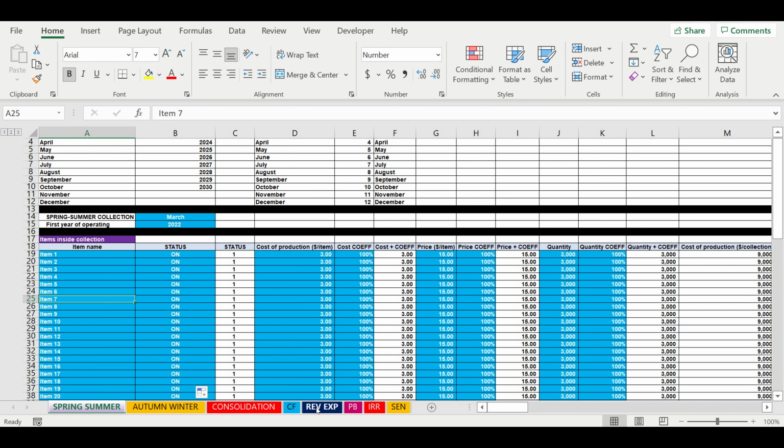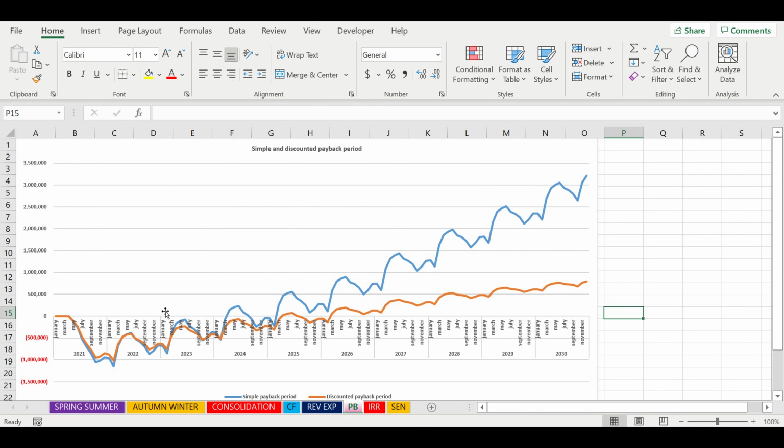Then we create very simple tables like revenues, expenses, net profit, profitability, to make you able to clearly see the simple figures of the business: what is the revenue, what are the expenses, what is the profit. Then we can see the simple and discounted payback period diagram to make you see as a picture the result of your business idea.